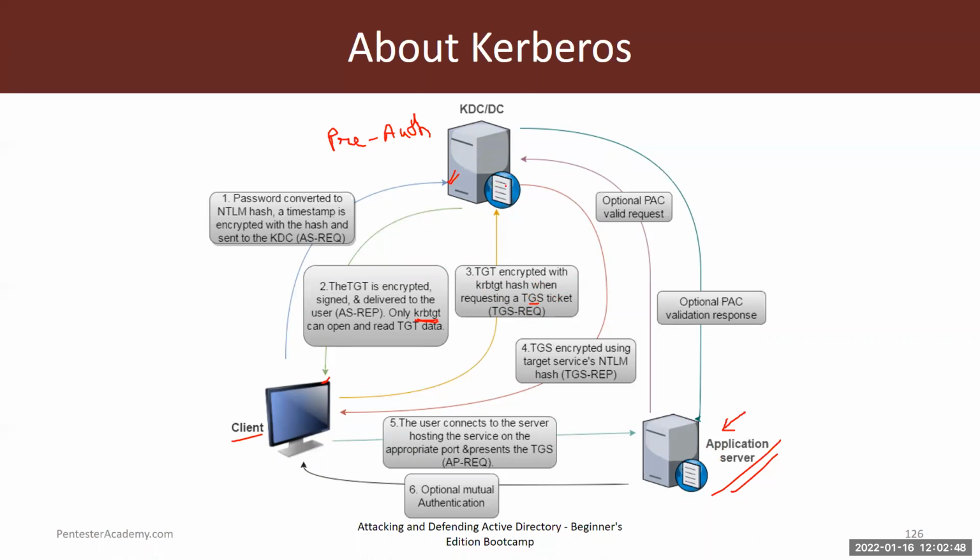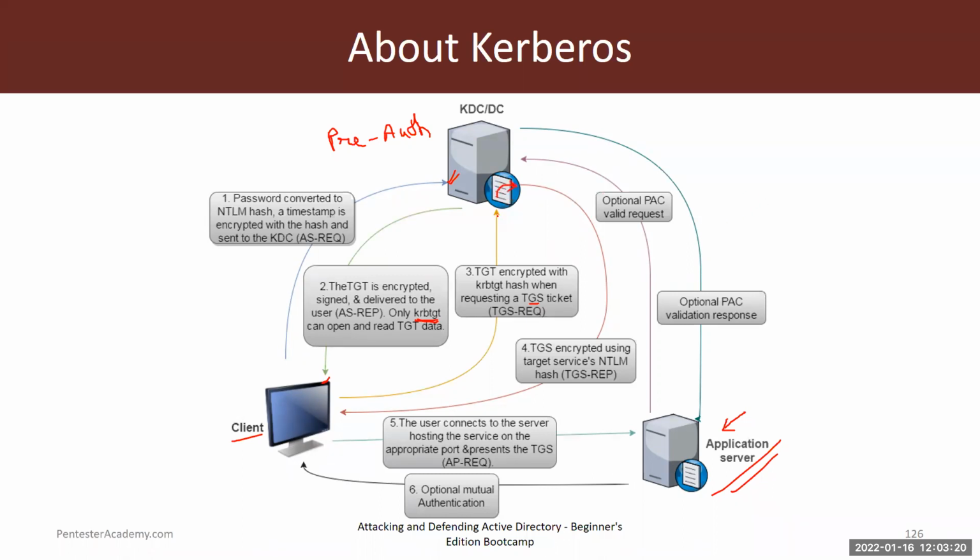Now, at the end of step 3, the only validation that the KDC does is if it can decrypt the TGT. Once again, the only validation that the DC does is if it can decrypt the TGT. If that is validated, whatever is written inside the TGT is considered to be correct.